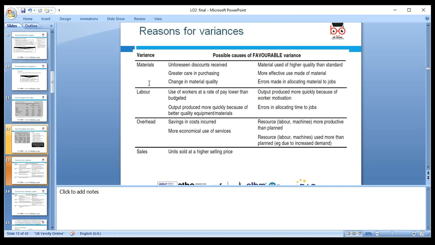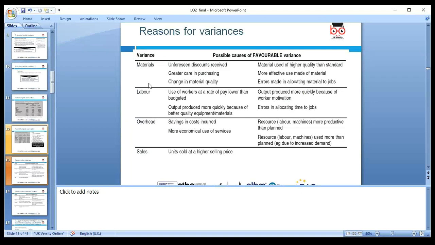Okay, so we can look at the causes of variance. Material has two types of variance: material cost variance and material usage variance. Material cost variance is the price variance, and then the material usage variance. Maybe you bought lower price material from China, but the lower quality material needs more usage.